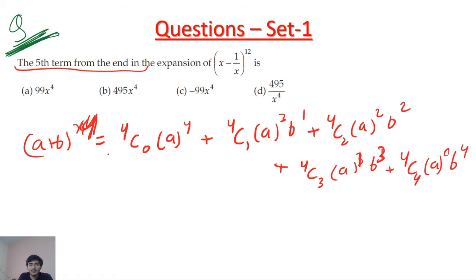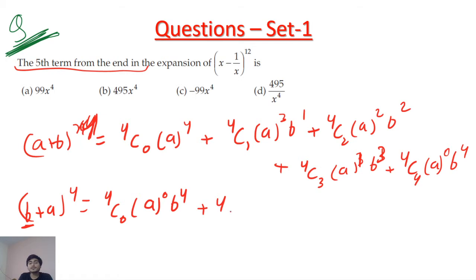Or assume you write the same thing as (b + a) to power 4. In that case, what will be the expansion? 4C0 a to power 0 into b to power 4, because b comes first now.